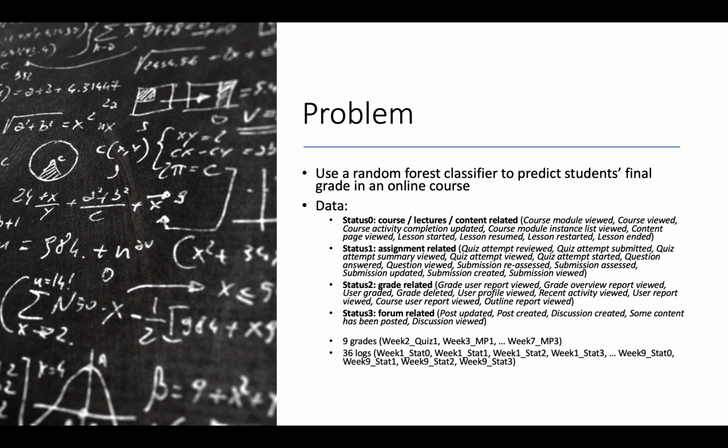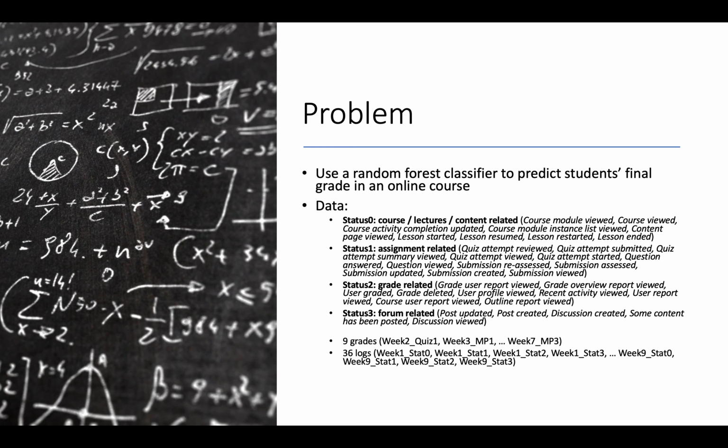The data that you could see basically includes some forum activities, and we define them as status 0, 1, 2, 3. Status 0 has to do with the course lecture content: if the course module is viewed, if the course is viewed, if the course activity completion is updated, and so forth.